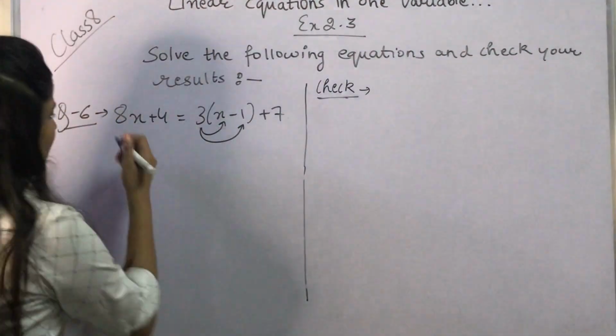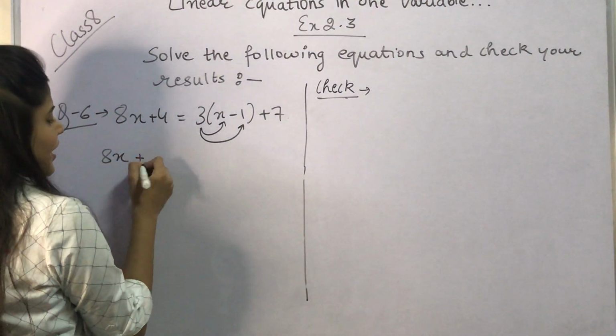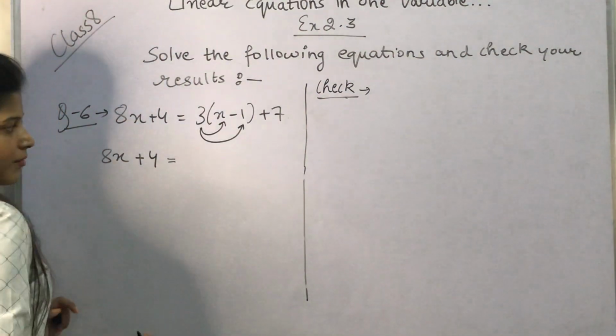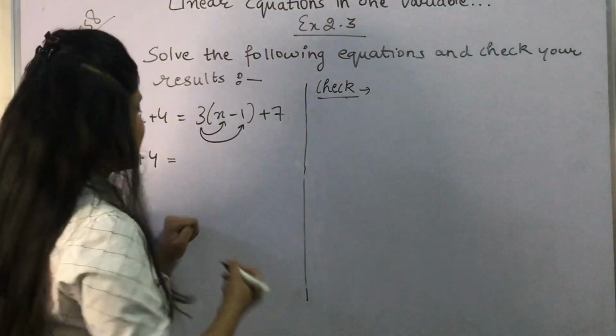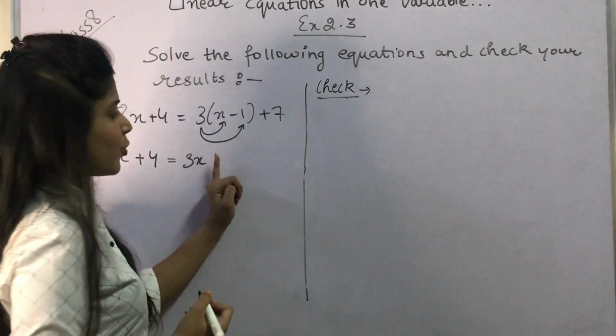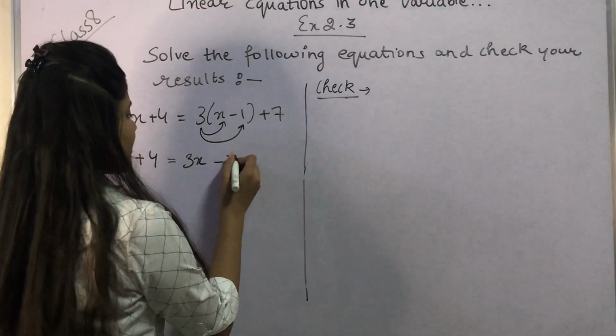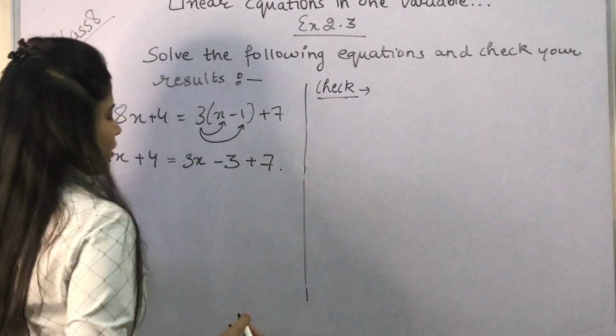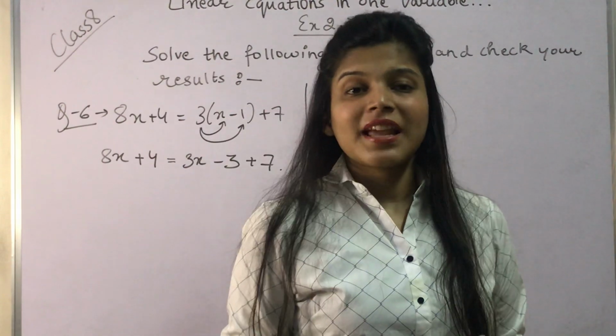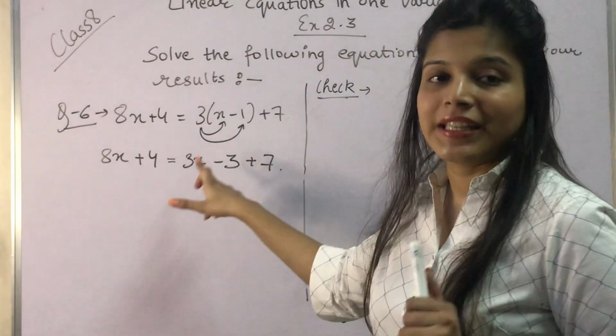Okay, so 8x as it is plus 4 as it is equal to as it is. Now 3 into x is 3x. 3 into minus 1 is minus 3 plus 7. Okay, so in this step we just opened the brackets.